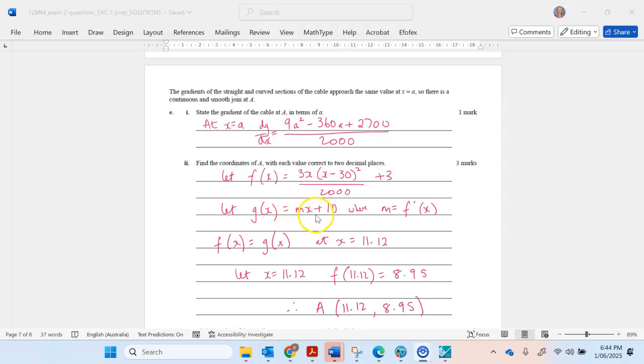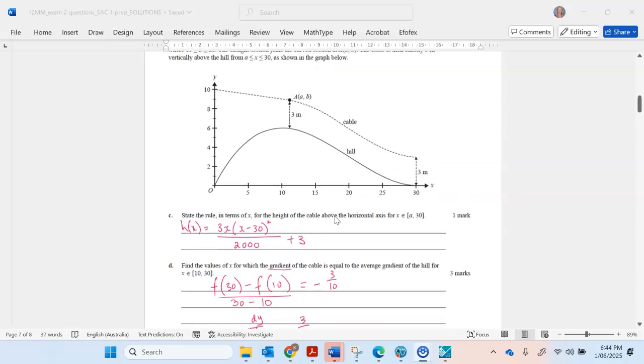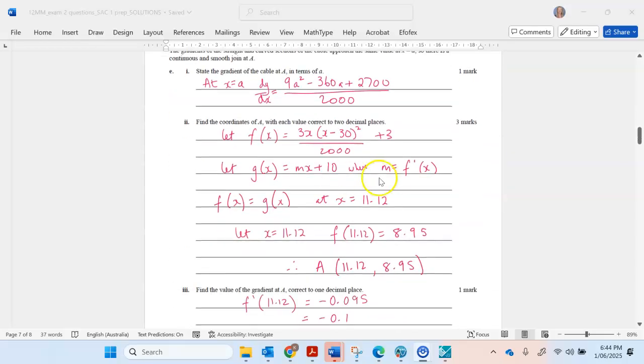M is your gradient, and 10, if we go back up here, we can clearly see is the y-intercept. So m is equal to the gradient of f, so the gradient is the same there. So I let the 2 functions equal each other, because remember they're smooth at that point, and when I solved for that I got x equals 11.12.